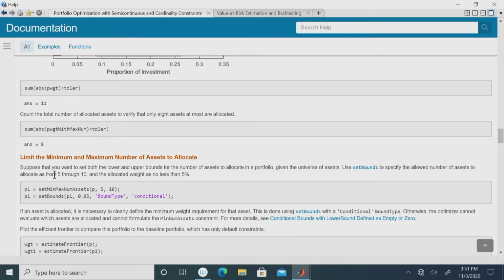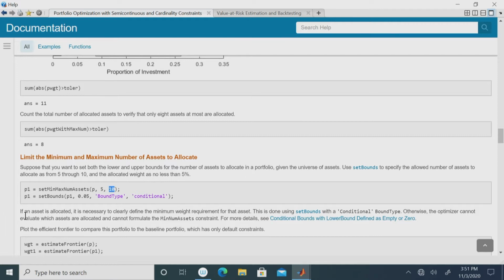So, in this case we decide that we will have a minimum count on the number of assets to be 5. Then we will define P1 by first setting the bounds on the number of assets to be at a minimum level of 5 and a maximum level of 10, and then on top of it we will add the constraint that the weight of each of the individual assets, the number of which will lie between 5 and 10, is not going to fall below 5%.